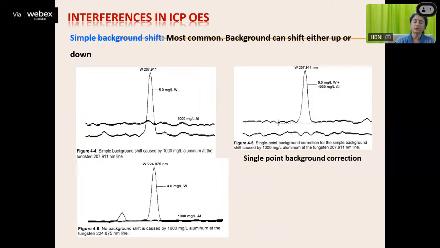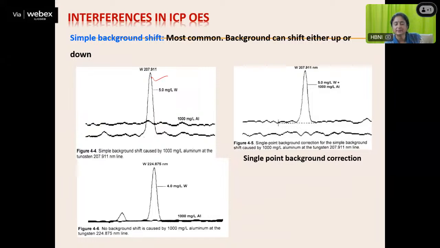This is the simple background shift. Say you want to determine tungsten in aluminum, at 1000 milligram per liter aluminum. In a normal standard, the baseline is here, but when you are passing aluminum, in which you are going to determine tungsten, your baseline is lifted.